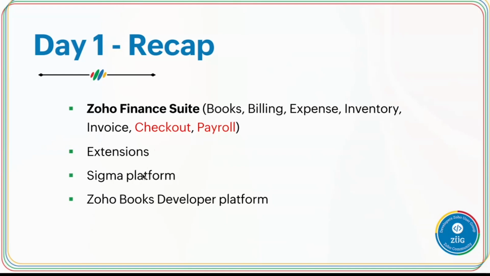After that, we introduced the Sigma platform, which is exclusively meant for building these extensions for any of the Zoho products. Finally, we introduced the Zoho Books developer platform and explained each and every component available within this developer platform. We concluded the session by building an extension for Zoho Books using this developer platform.